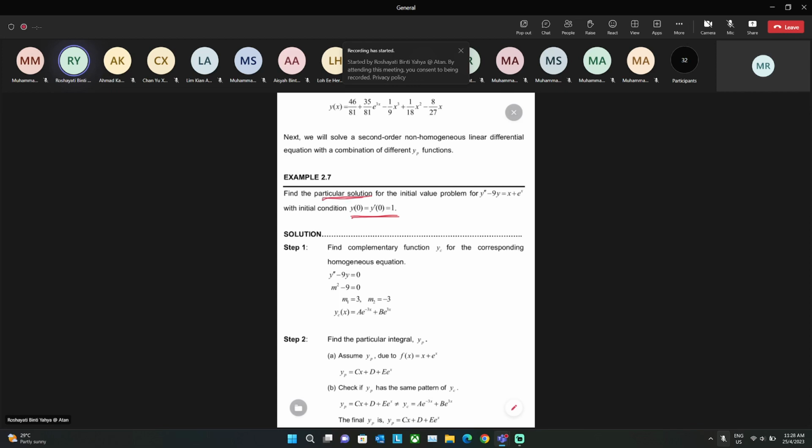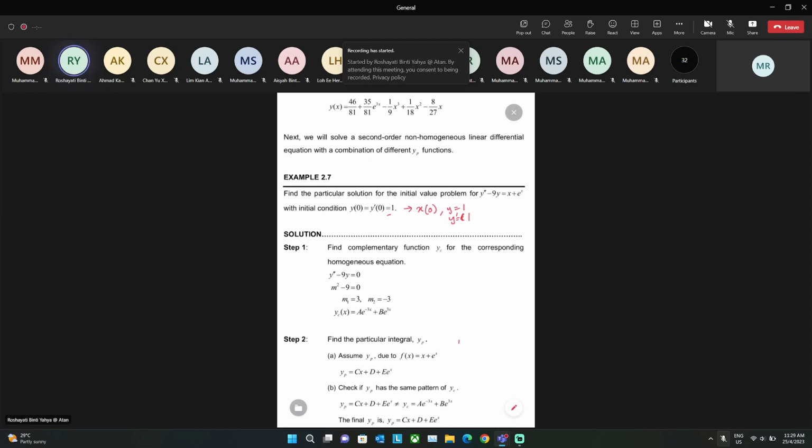Find the particular solution for the initial value problem y double prime minus 9y equal to x plus exponential x, with initial condition y(0) equal to y prime(0) equal to 1. So meaning that when x is 0, y equal to 1, and y prime also equal to 1.